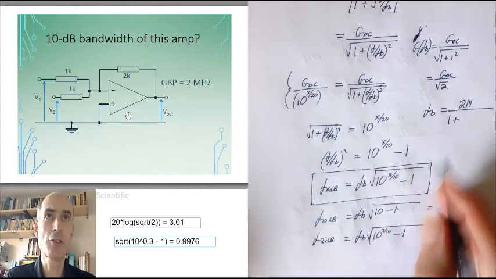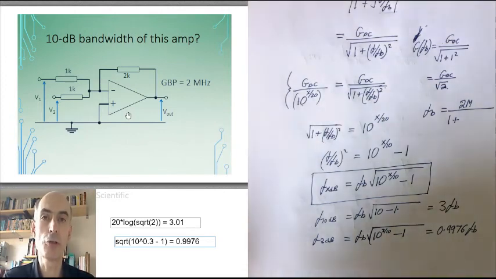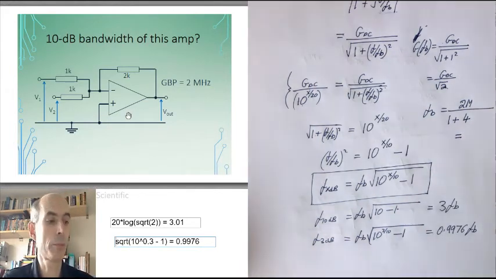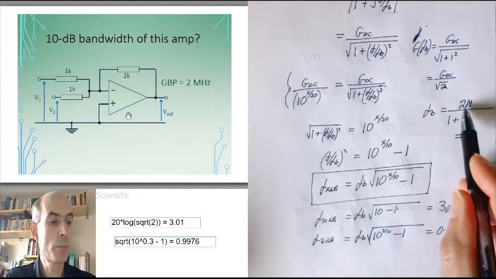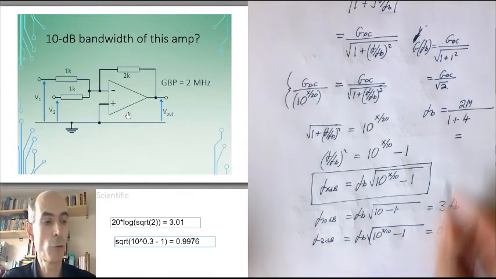Both gains in this case are 2, or minus 2, so the sum of the modulus of the gains would be 2 plus 2, or 4. So the 3 dB bandwidth of this amplifier, FB, would be 2 MHz divided by 5, which is 400 kHz.